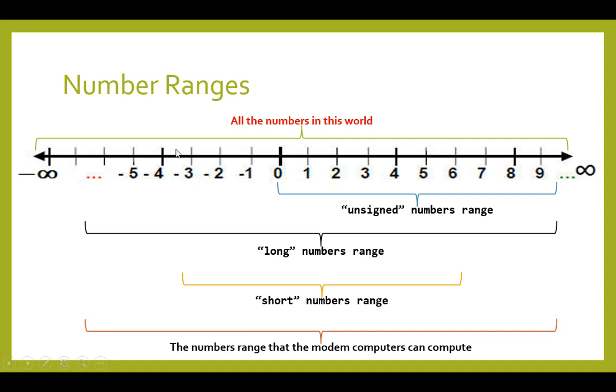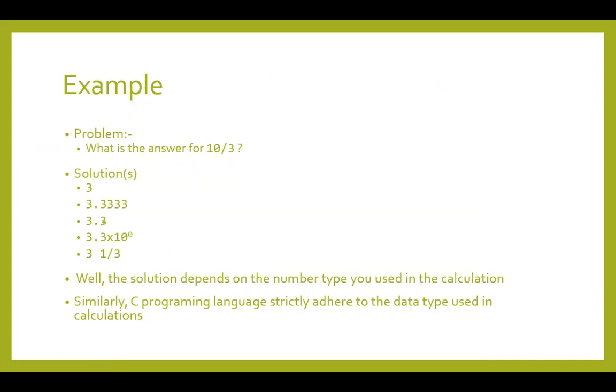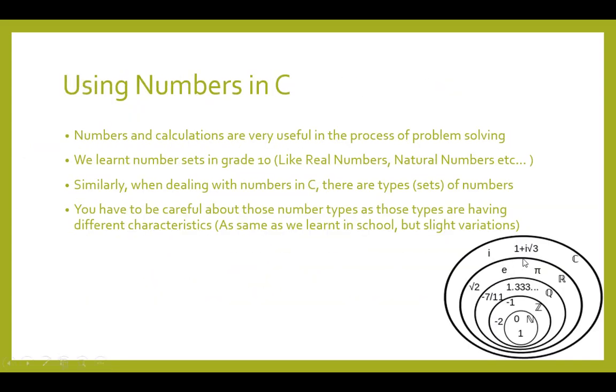So, if we take the real line, there are different types of numbers like shown in this diagram. So we saw there are integer type numbers, and floating point numbers, which is whole numbers and fractional numbers.